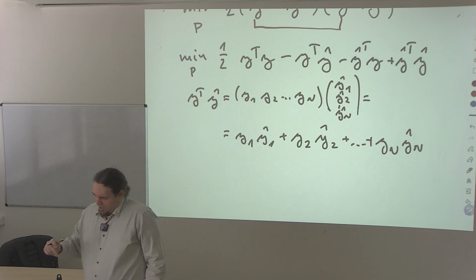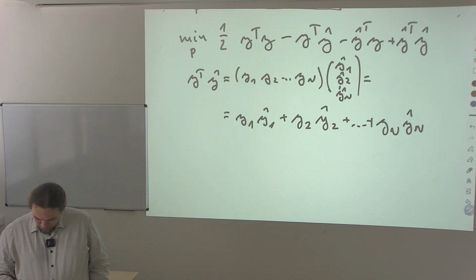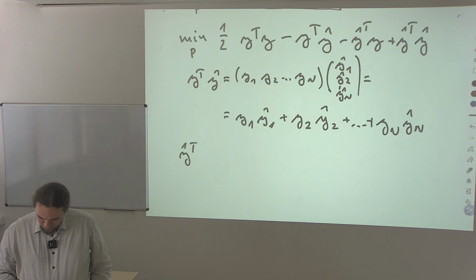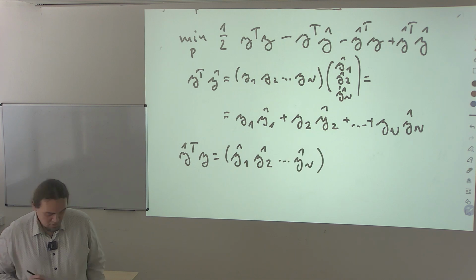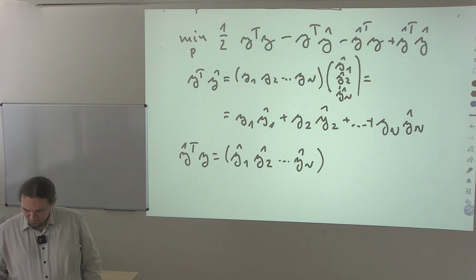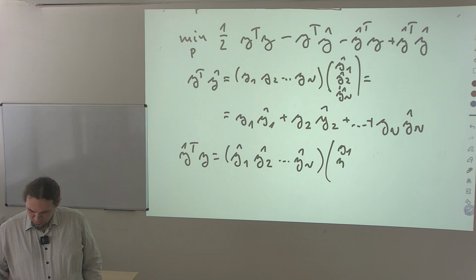hat. And our second term, y hat transpose times y. Our vector y hat and y1, y2 until yn.